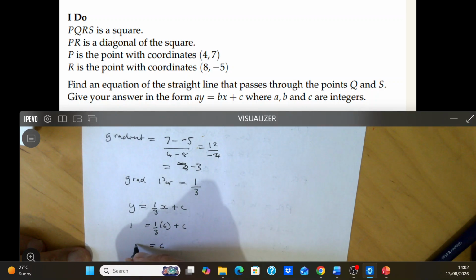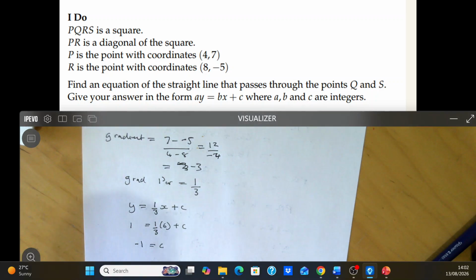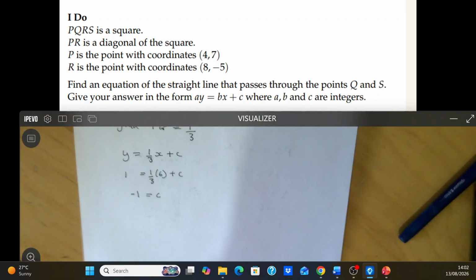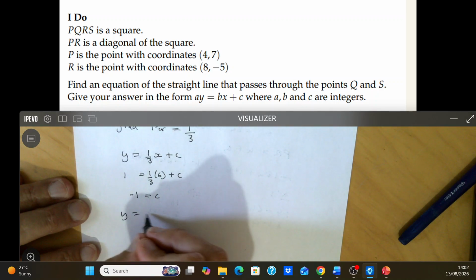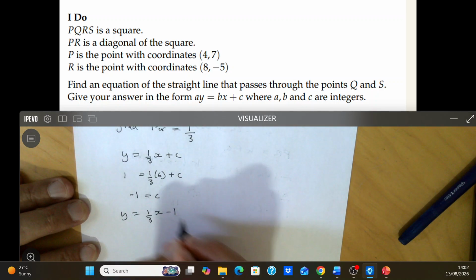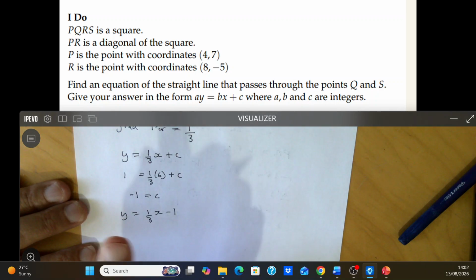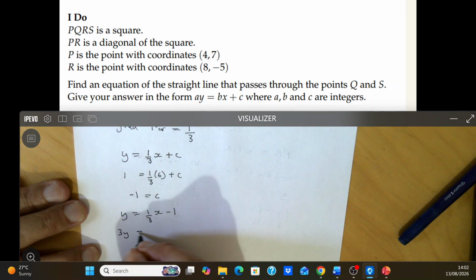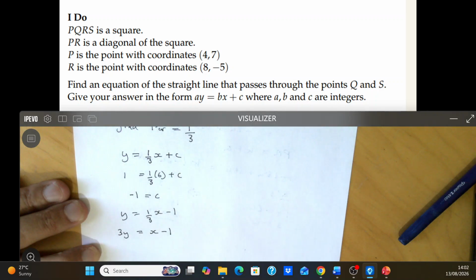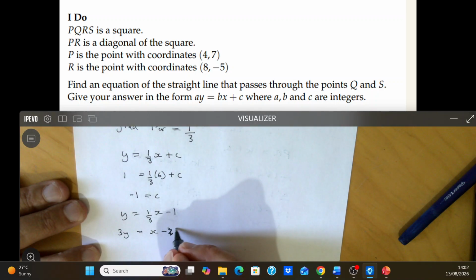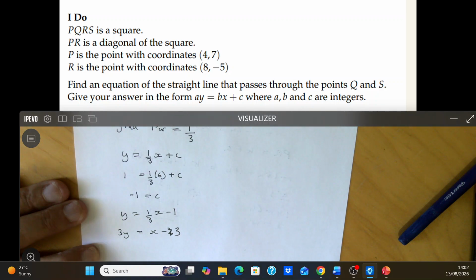So c equals minus 1. Back into our equation of a line, y equals a third x minus 1. We're asked to give it in the form of a number in front of the x and a number in front of y, so we'll times that by 3. So that's 3y equals x minus, not minus 1, minus 3.